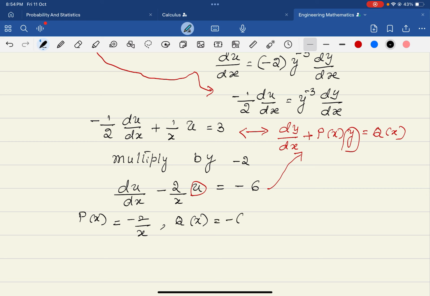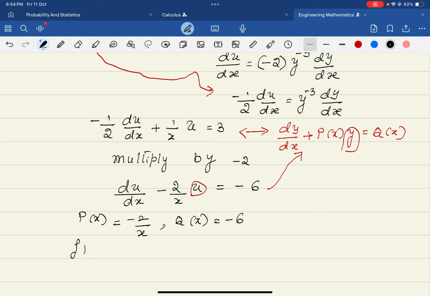Many students will make the mistake here by taking 2 by x. See here, observe that there is a negative sign. Here there is positive in the standard form. So don't make a mistake of taking 2 by x here. Understood? So q of x is this.